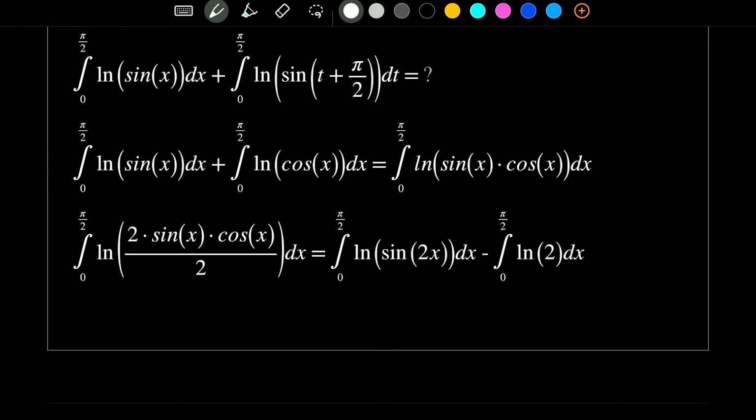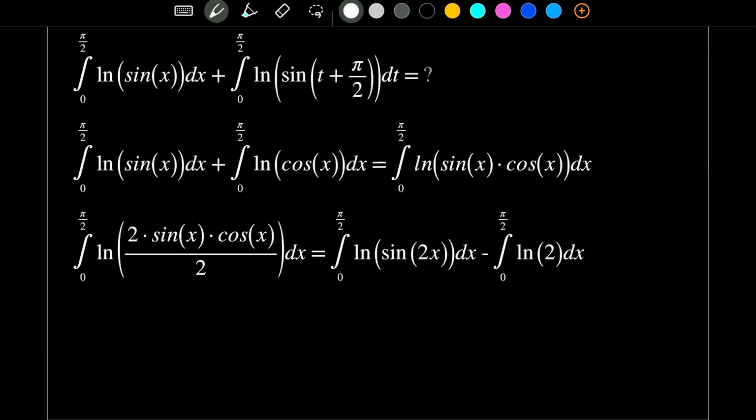What we can also do is apply a substitution on the first integral. What substitution are we going to apply? We're going to have 2x equals u. That means that 2 dx equals du. From that, we can just substitute everything in.